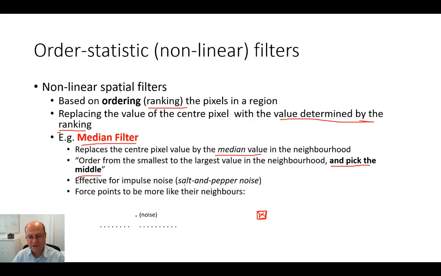This is used to get rid of salt and pepper noise, when you see little particles of white and little particles of black, because these are like outliers. A median filter gets rid of outliers, because the outliers will never lie in the middle of a sequence of values. They will be either too low or too high.